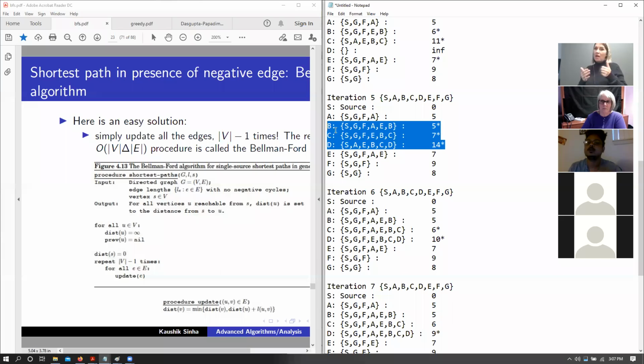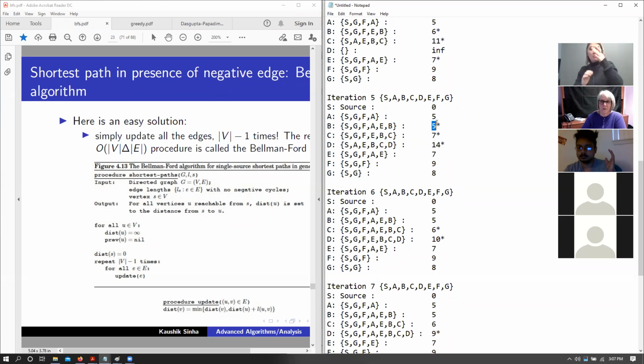So that is one way to optimize this particular algorithm, but essentially the traditional Bellman-Ford algorithm just updates everything. Updating everything would still be the same thing, and the time complexity would again be the same, because in the worst case scenario, you might need to update every vertex every time.